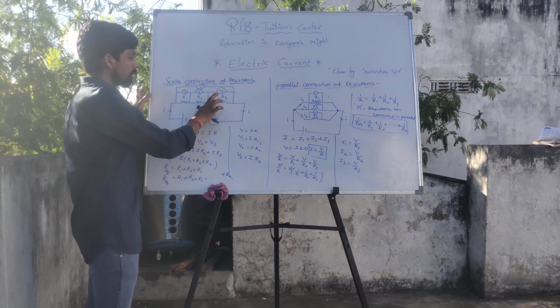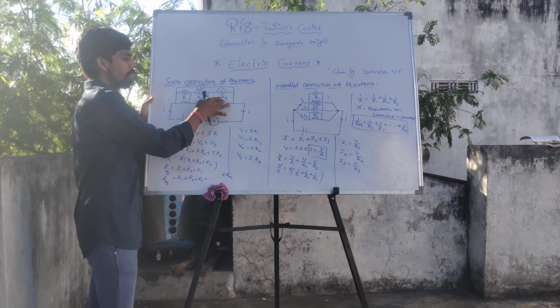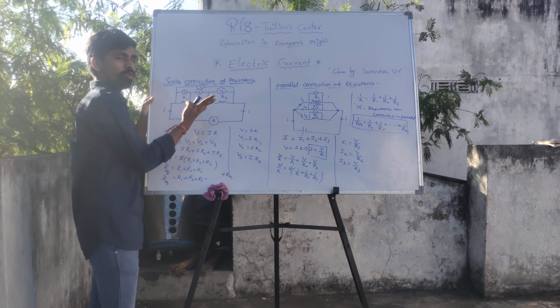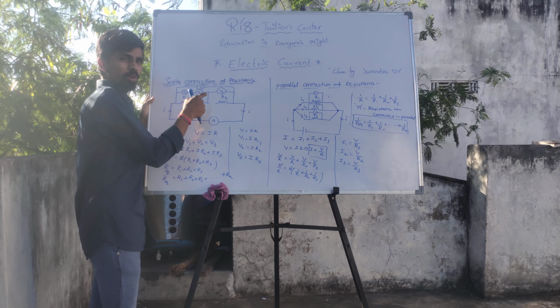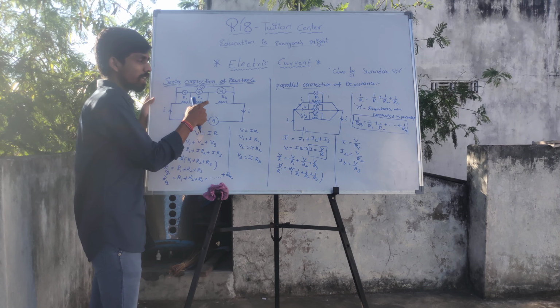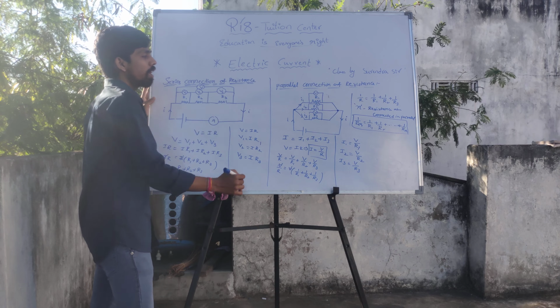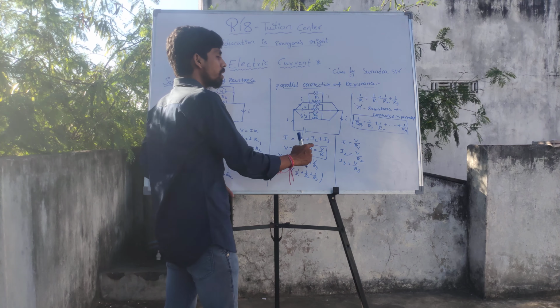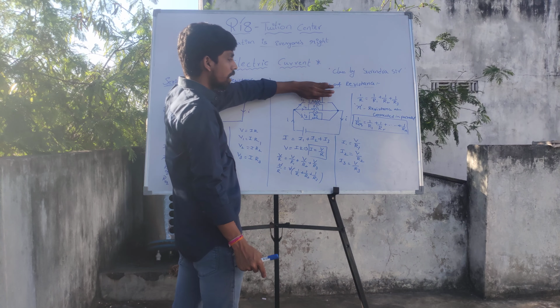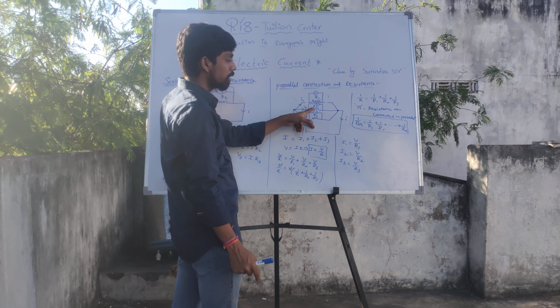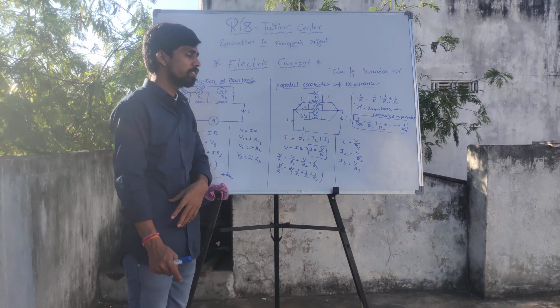The circuit becomes an open circuit, and an open circuit cannot pass electric current. In the parallel connection, if one branch is cut, that resistance will not work, but the other two resistances will work in the same way.